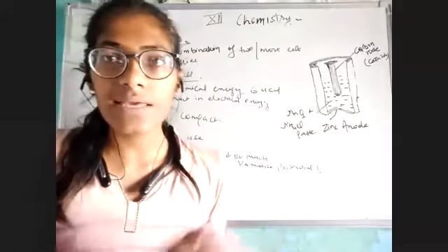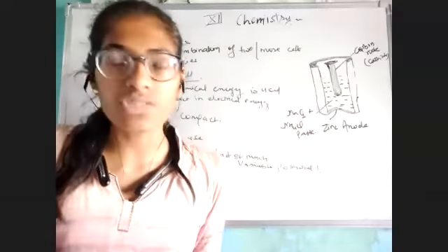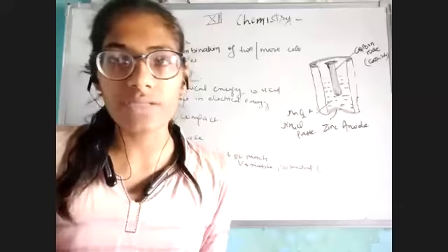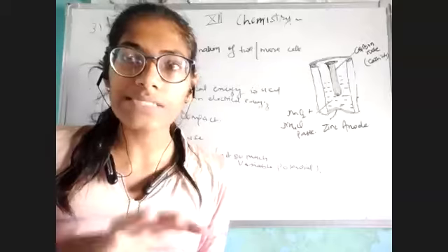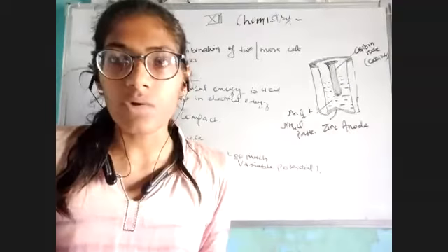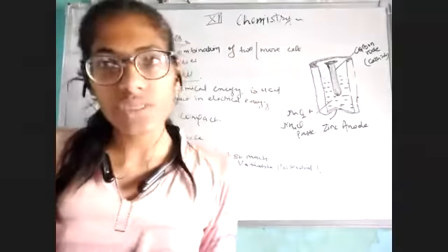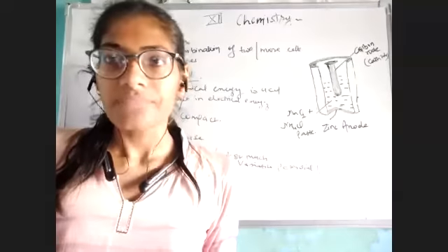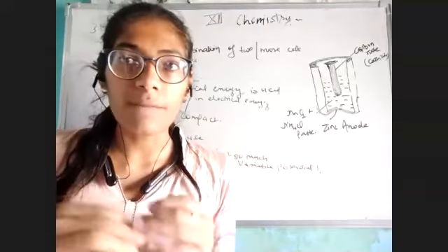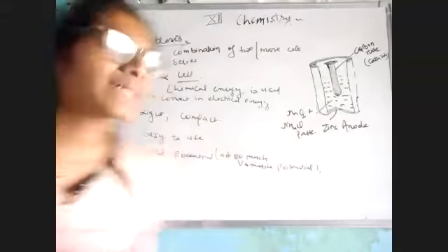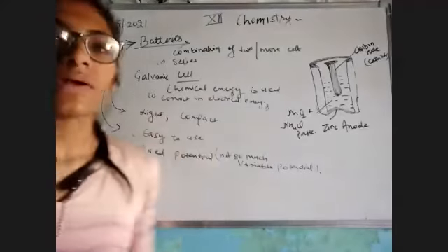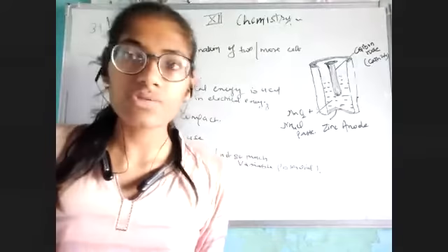Because suppose I put a cell inside a torch, and for 5 minutes it's glowing very strongly, and after 5 minutes its light has become dim, due to variation in electrical potential. That fluctuation we do not require in our daily life. That's why for a battery it must contain 2 to 3 important properties. So that's all about battery.